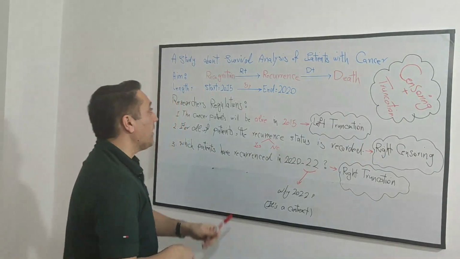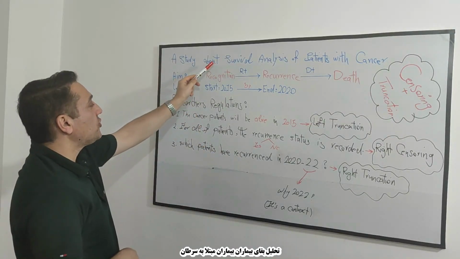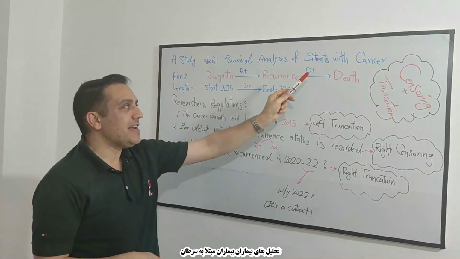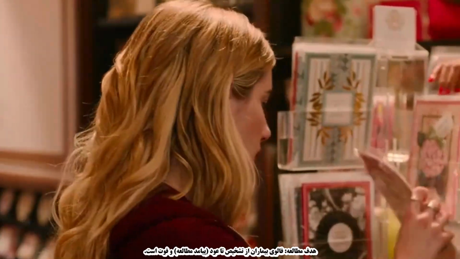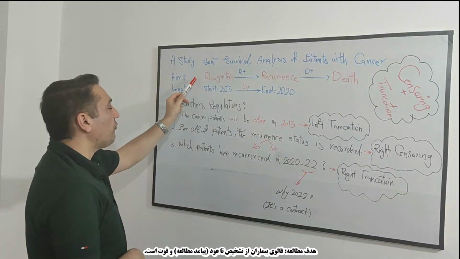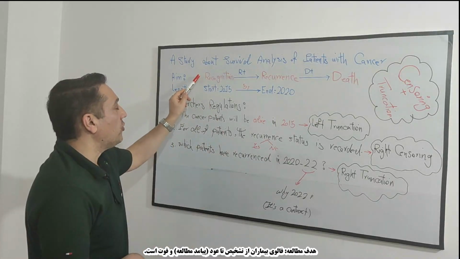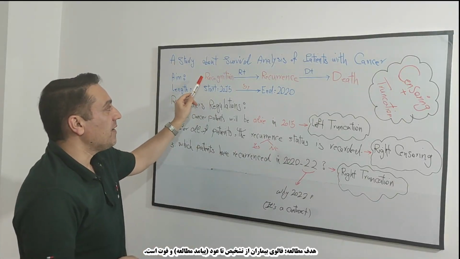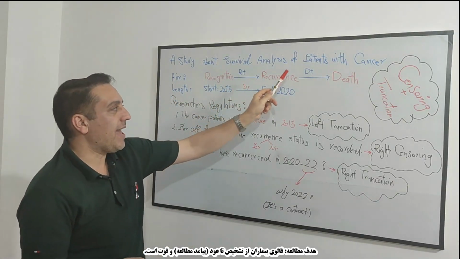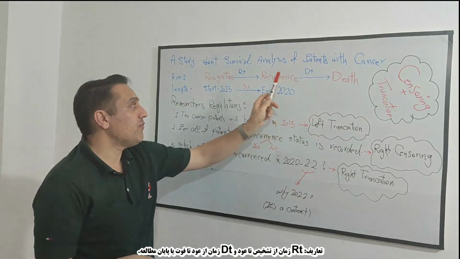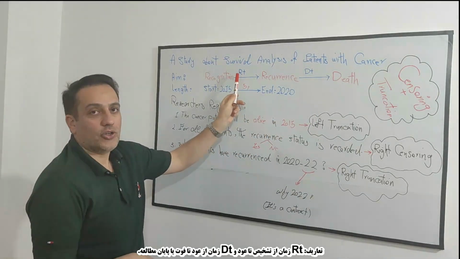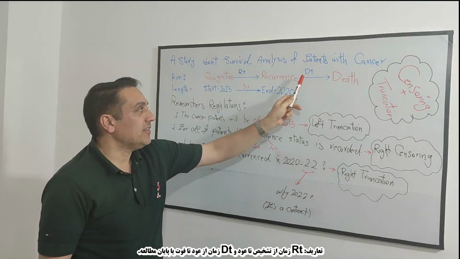We have a study about the survival analysis of patients with cancer. Researchers aimed to follow patients from recognition of cancer to recurrence and to death. Then we have RT, meaning recurrence time.